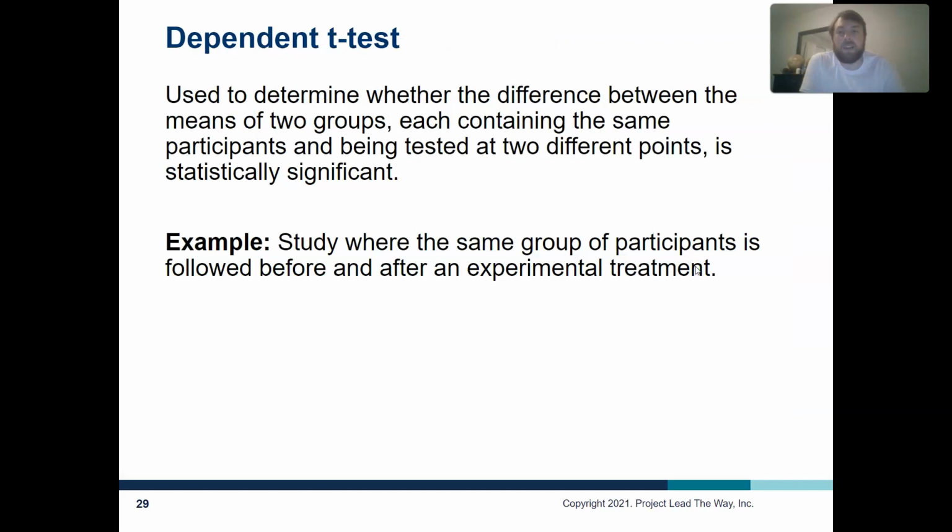Now, a dependent t-test is going to be used to determine whether the difference between the means of two groups with the same participants being tested at two different points is statistically significant. As in, if I were to have a group of participants tested before an experimental treatment and then after experimental treatment, we would use a dependent t-test to see the differences between each of those individuals before and after.